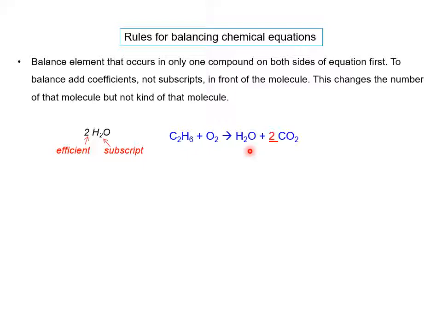We do not want to start with the oxygen because notice on the product side, the oxygen occurs in two different compounds. So in order to balance the carbon, we put a 2 in front of the carbon. And then when we're ready to balance the hydrogen, there is 6 on the left side. So we put a 3 in front of the H2O.